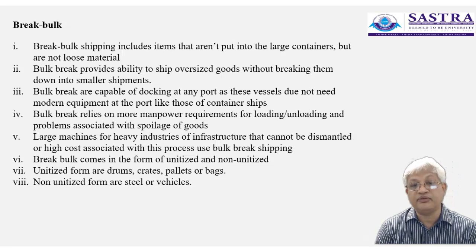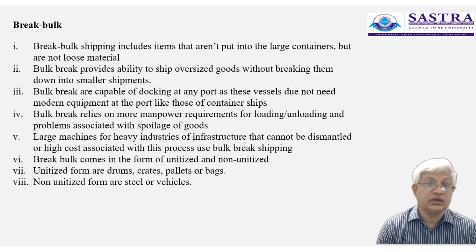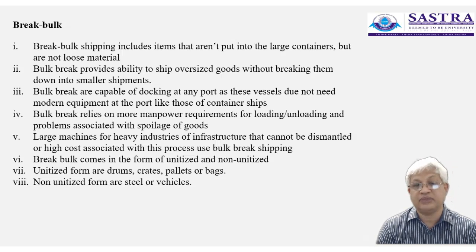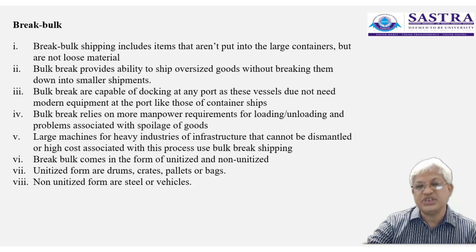It comes in the form of unitized or non-unitized. Unitized are again drums, pallets or bags. In certain very rare cases, non-unitized are steel, long rods, sheets, or certain heavy equipment vehicles.